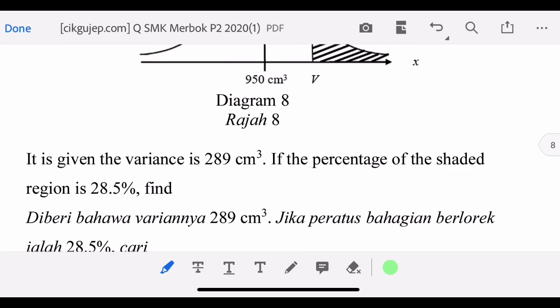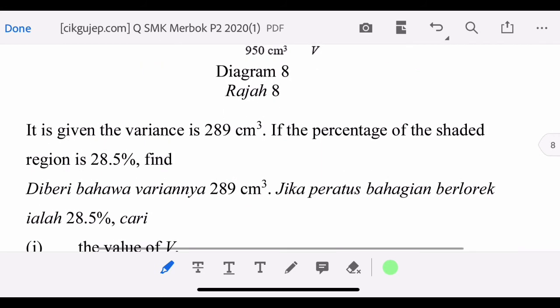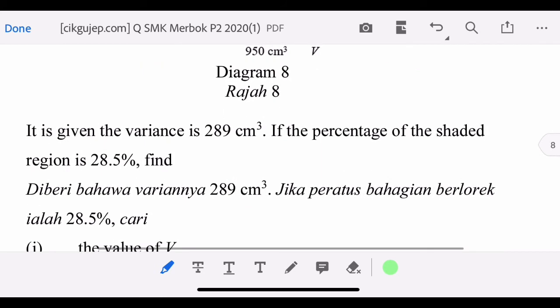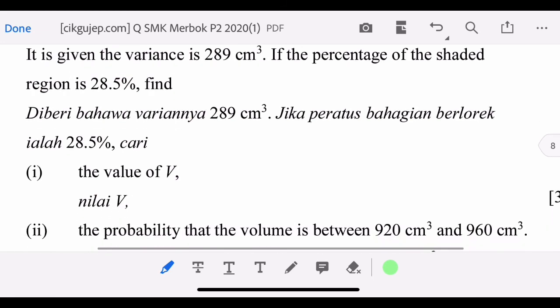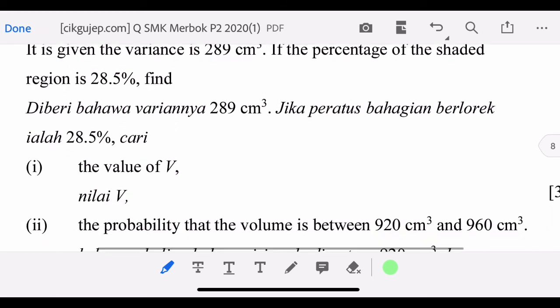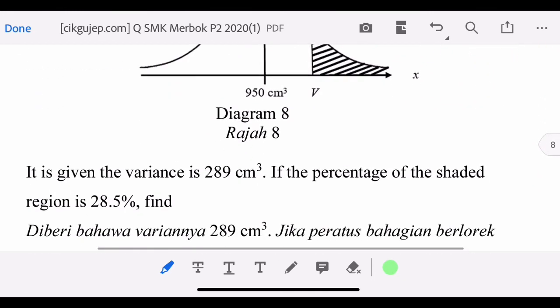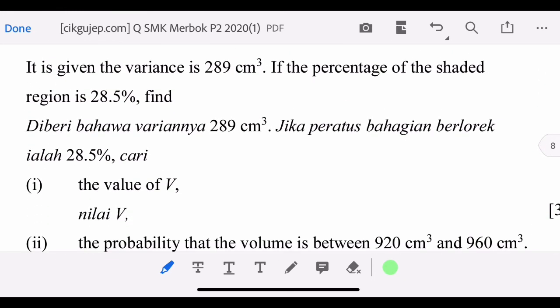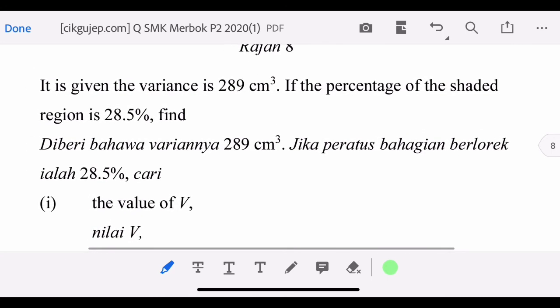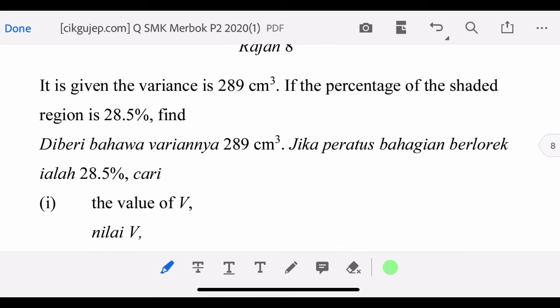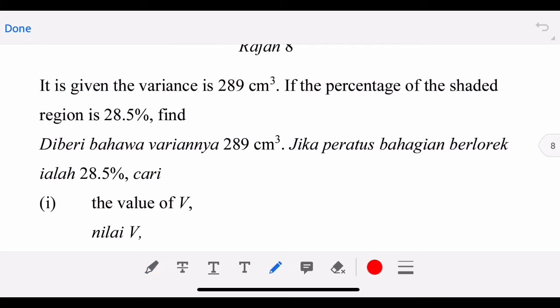Remember mu, variance. Okay, now it is given that the variance is 289 and the percentage of the shaded region. So whenever you see percentage, you must think of P means probability, right? So we will take the probability for the x more than v is 28.5%.